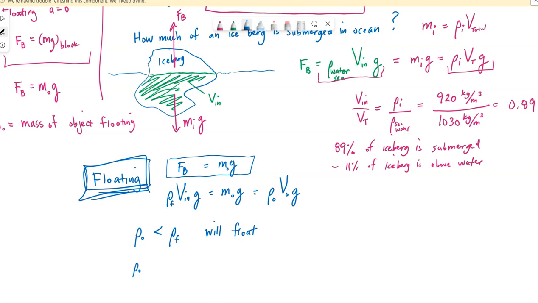If the object has a density that happens to be the same as the density of the fluid, the object has what we call neutral buoyancy. So it's still floating, but it floats completely submerged.